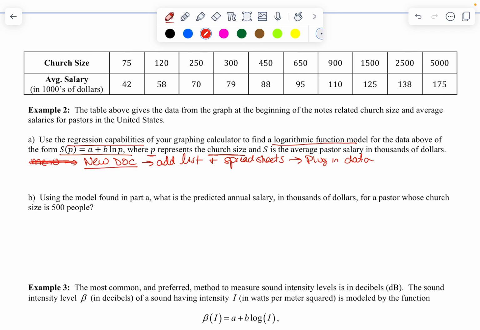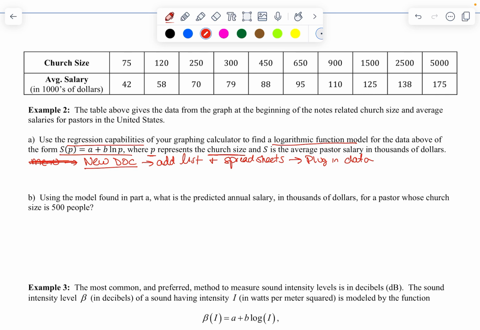I'm going to do the same thing for the output values, which is 42, 58, 70, 79, 88, 95, 110, 125, 138, and 175. Make sure you didn't miss any values, because that's going to be very important.